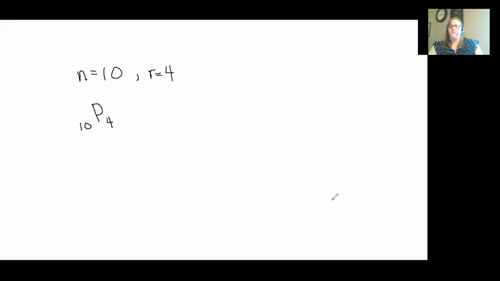Hit enter. Put in the number of objects you are selecting at a time, which in this case is 4, and then hit enter again. So you get 5,040. That's the number of PIN numbers that can be made, 4 digits, 0 through 9. 5,040. All right, so now let's look at another example here.